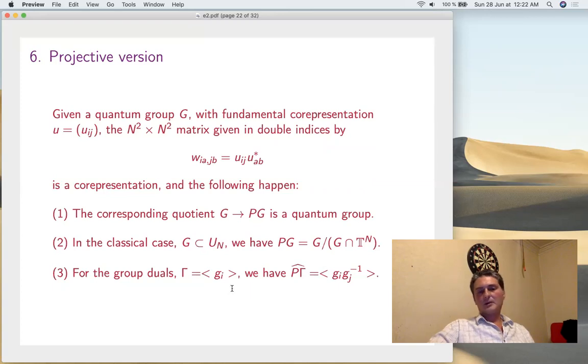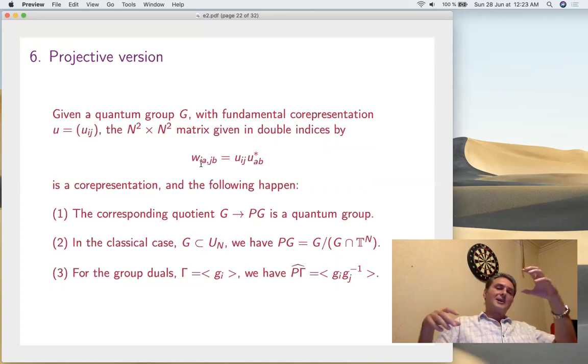For the group duals, now let's see what we get. Well, the fundamental representation is this diagonal matrix with entries g_i. Now what I have here, finally, I won't really have double indices. I must have i equal to j and a equal to b in order for a term to be non-zero. So what I get here is g_i, and on the right, I get g_i minus 1.